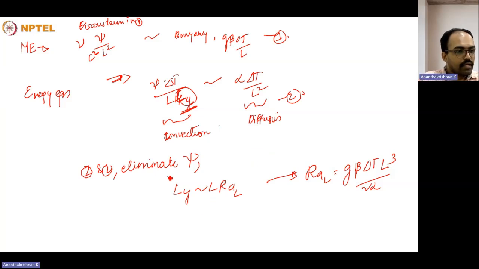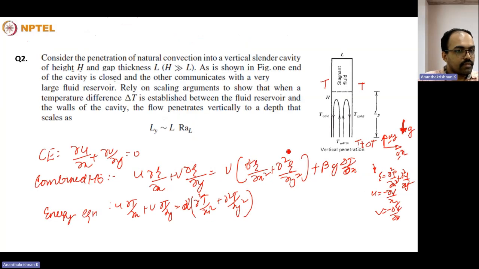So that is the scaling analysis that we have done for continuity, for the combined momentum equation and energy equation.